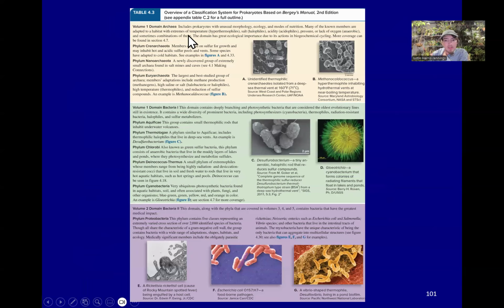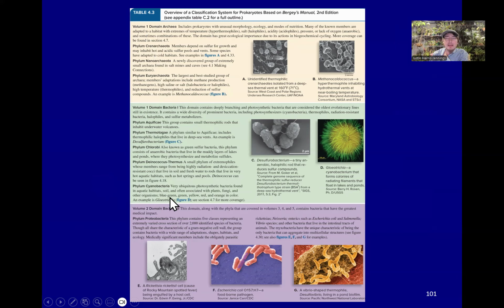Here is the list of the domains. If you're interested in looking at them, I would read them, but I'm not going to go over each individual one here. Cyanobacteria are incredibly famous for their photosynthetic properties and the impact they had on early Earth.